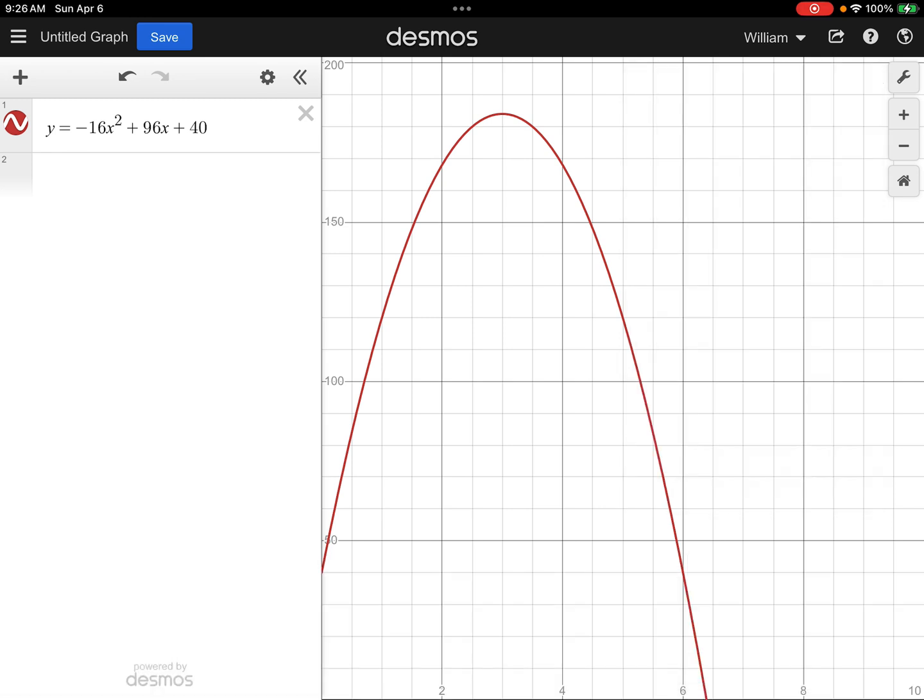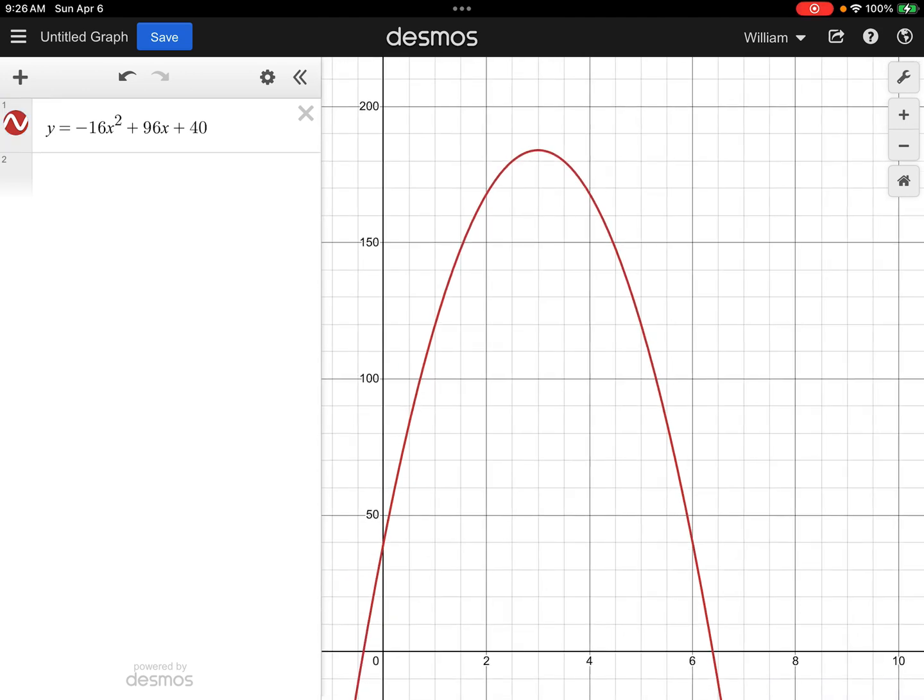Okay, there's my parabola. First thing I notice on my parabola is I want to find out where it crosses. I want to see where it crosses. Okay. It crosses about 6.4 seconds, isn't it?